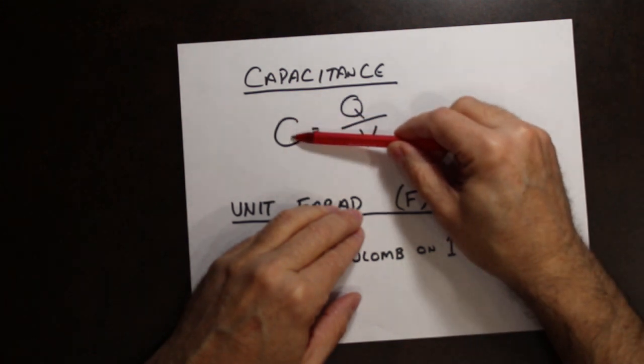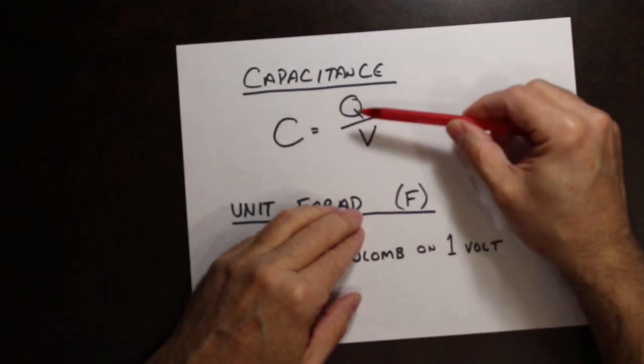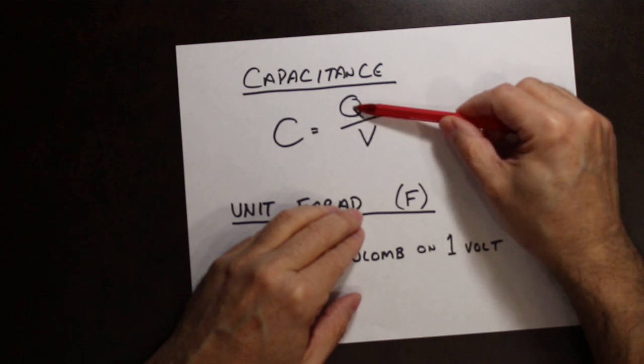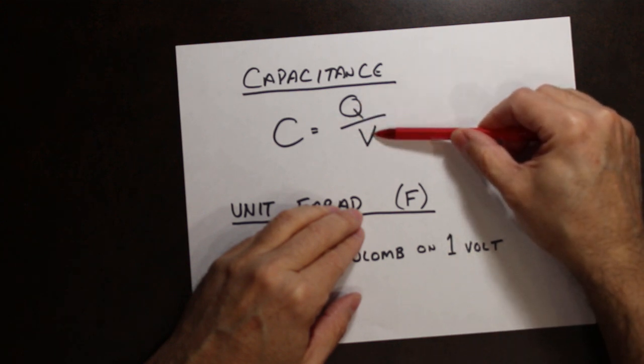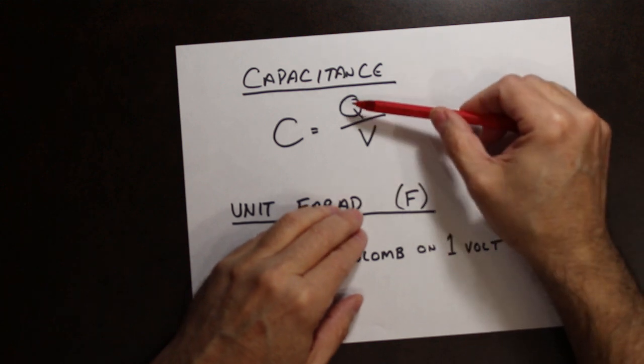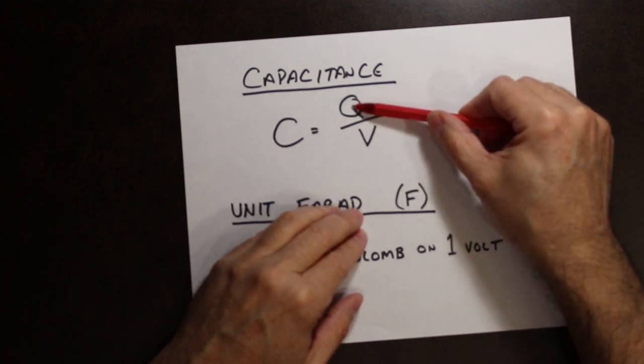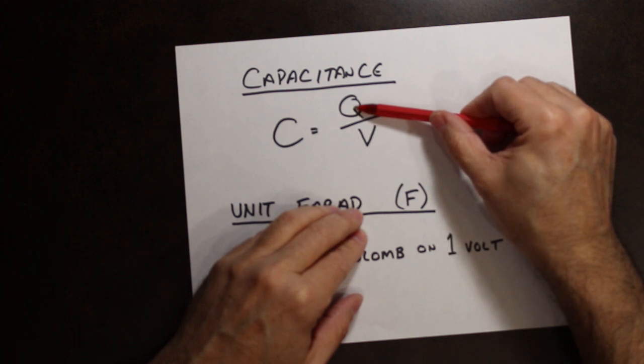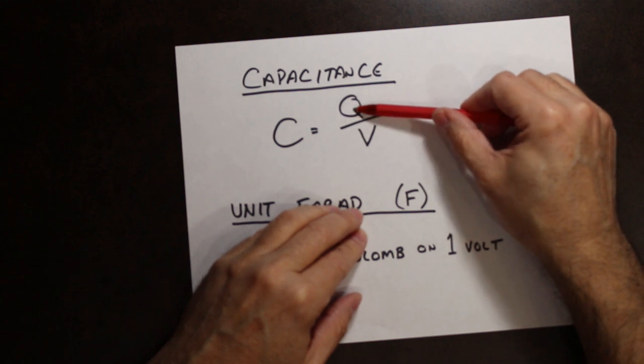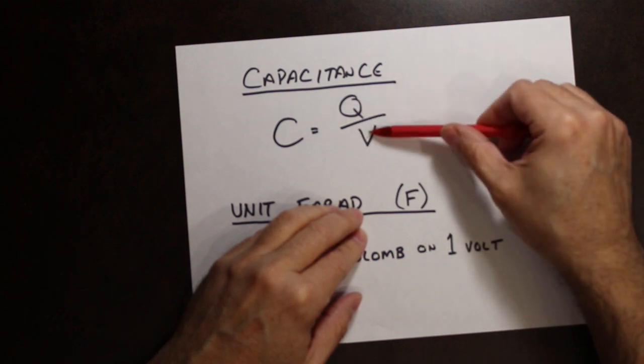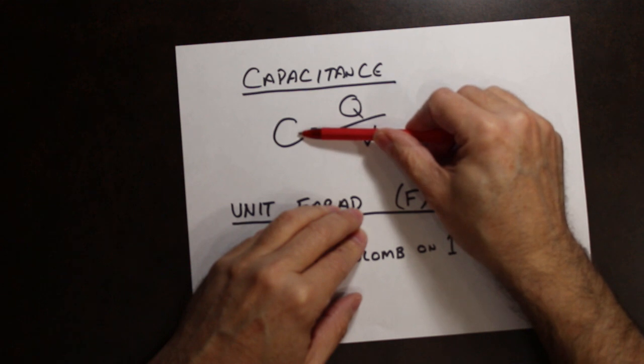So a measure of capacitance is charge over voltage, and that's the voltage on the plates, so per volt. If you remember from early discussions in our course, the unit of charge is what's referred to as a coulomb. A coulomb is 6.24 times 10 to the 18th electrons all grouped together. So a coulomb of charge per volt is a measure of capacitance.